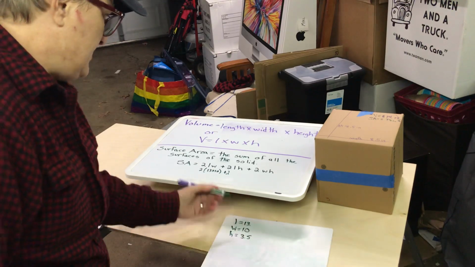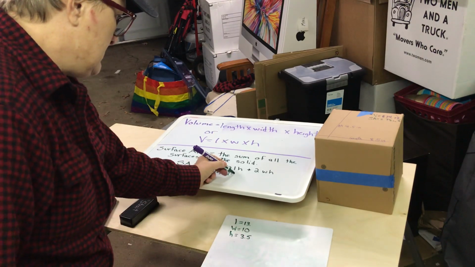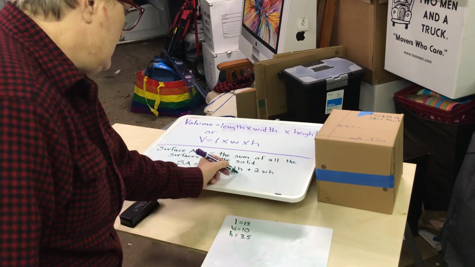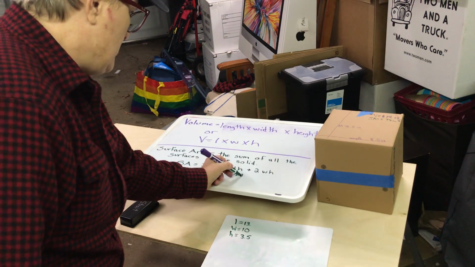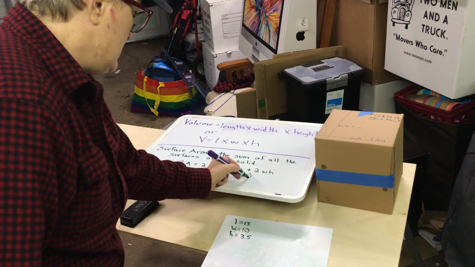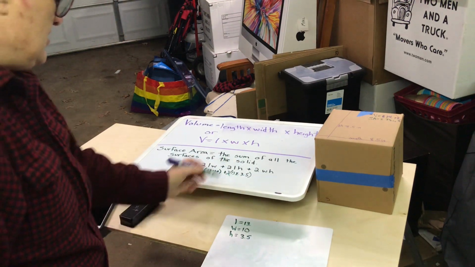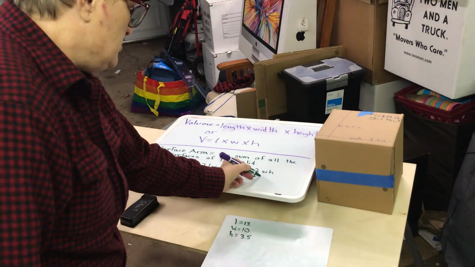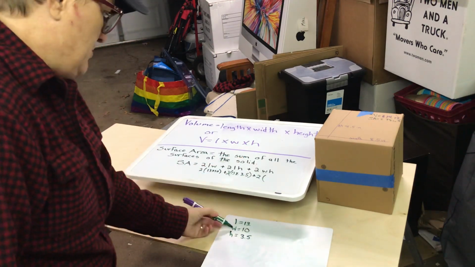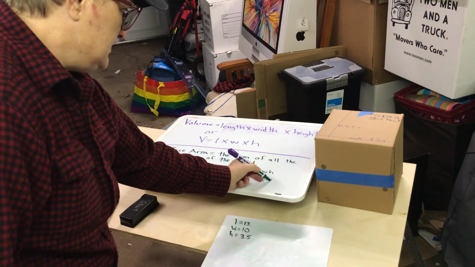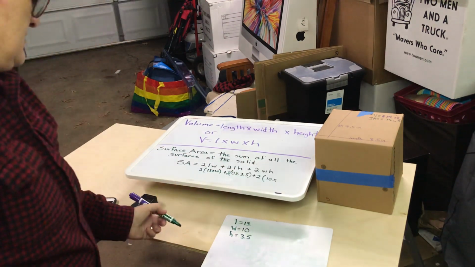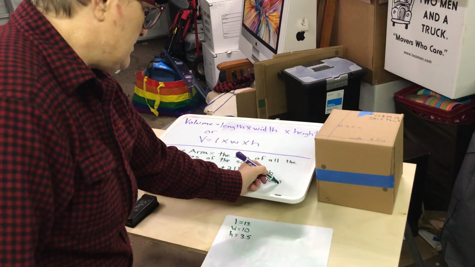We said the length is 13 and the height is 3.5. And then it's plus 2 times the width, which is 10, times the height, which is 3.5.